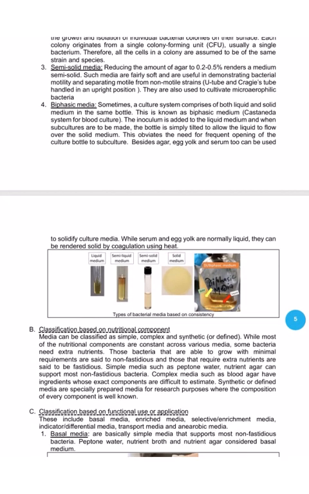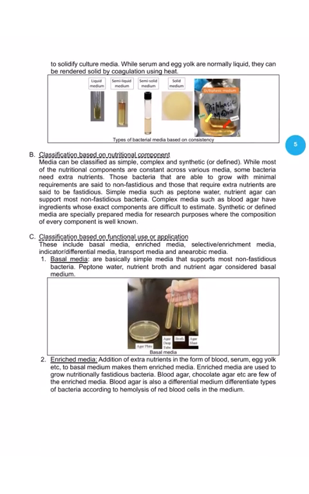The other type of classification is the classification based on the nutritional components, and as I mentioned, it is very important that the components of the nutrition should fit the type of the bacteria you want to study or culture. According to these nutritional components, there are three types of medium: simple, complex, and synthetic.